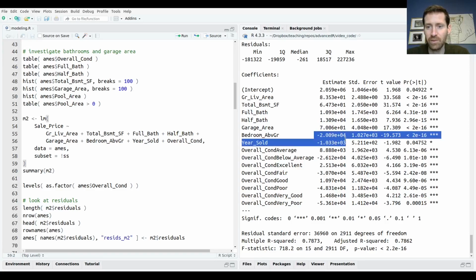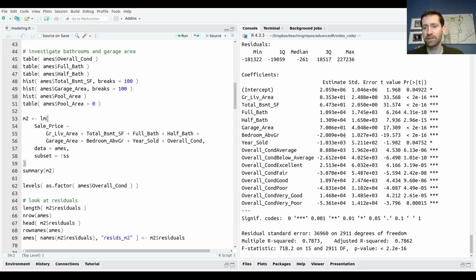This is an interesting one. Bedrooms above ground is negative. So if you don't think too much about this, you should think, okay, houses with more bedrooms tend to be worth more money. And so it's a bit strange that you get a negative coefficient there.